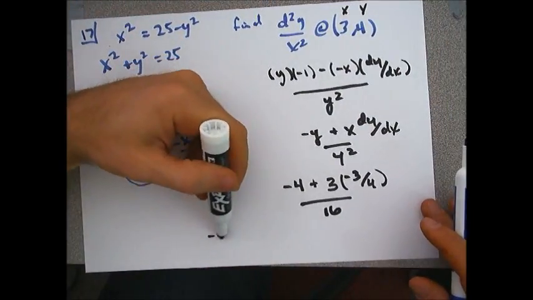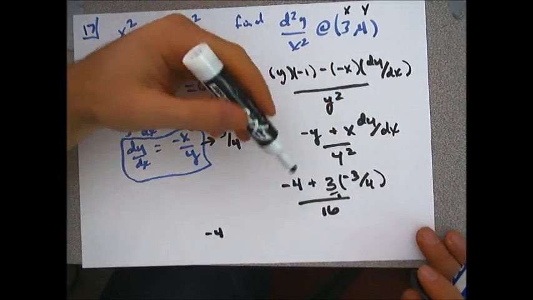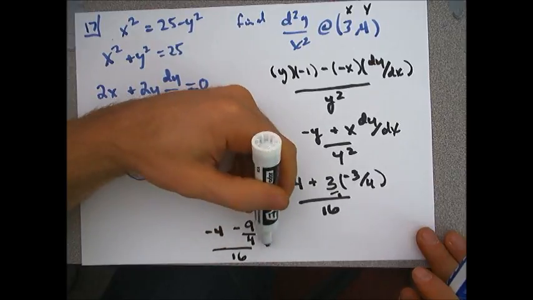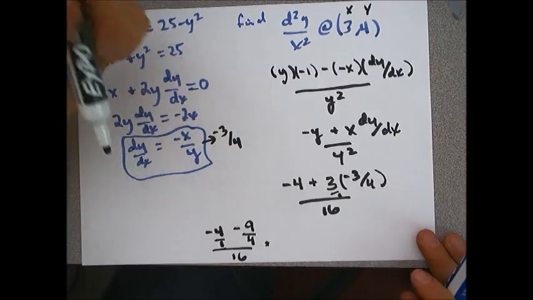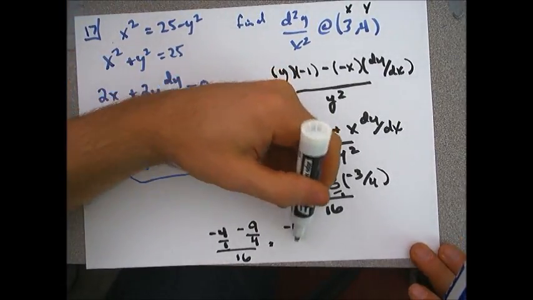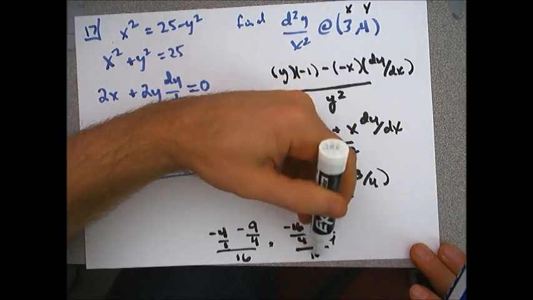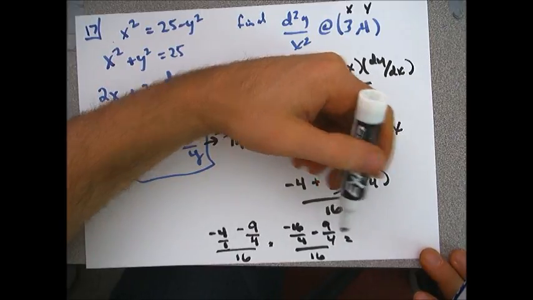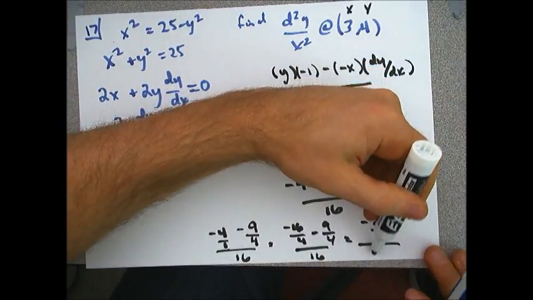This is negative 4. 3, think of that as 3 over 1, right? So that's negative 9 over 4, over 16. Let's put that 4 over 1. So if I want to subtract these up top, I need to make that 1 a what? A 4, which makes this top number a negative 16, right? Negative 16 minus 9 gives me what? Negative 25. Negative 25 over 4 over 16.